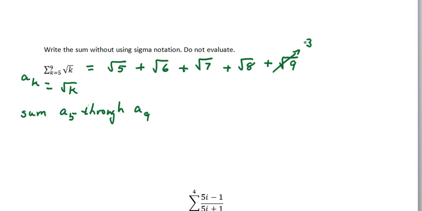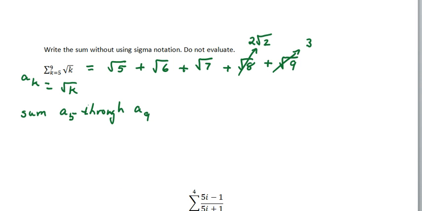Square root 8, since 8 is 4 times 2, we could write this as the square root of 4 times the square root of 2, or 2 square root 2. The other three do not simplify.